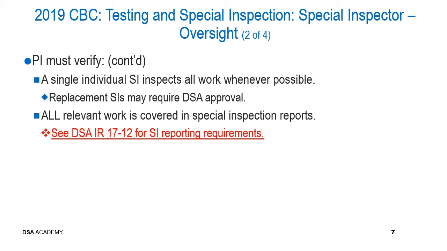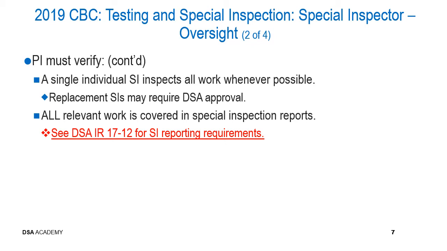Also, for replacement special inspectors, we would ask the project inspector to verify that they've all been approved by DSA. Also, the PI needs to verify that all relevant work is covered in the special inspection reports. You can refer to DSA IR 17-12 for special inspection reporting requirements.